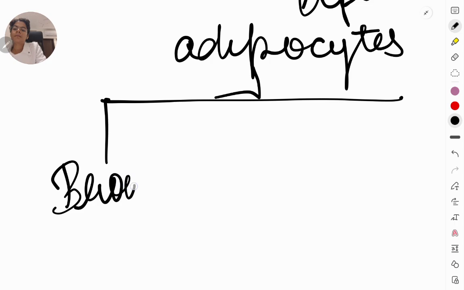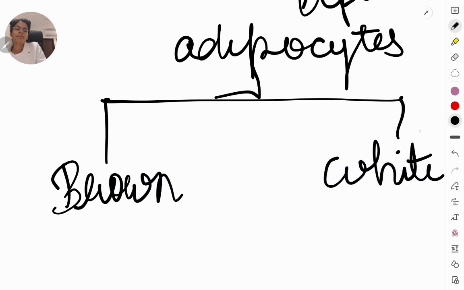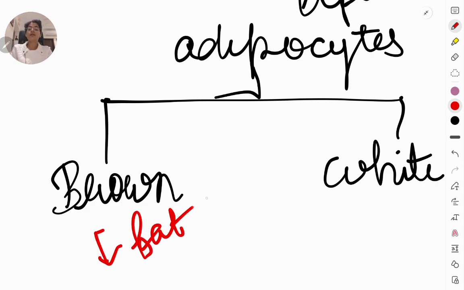Brown and white. Now the brown adipocyte is having more metabolism and less fat storage, low fat and more metabolism. White is having more fat and less metabolism.